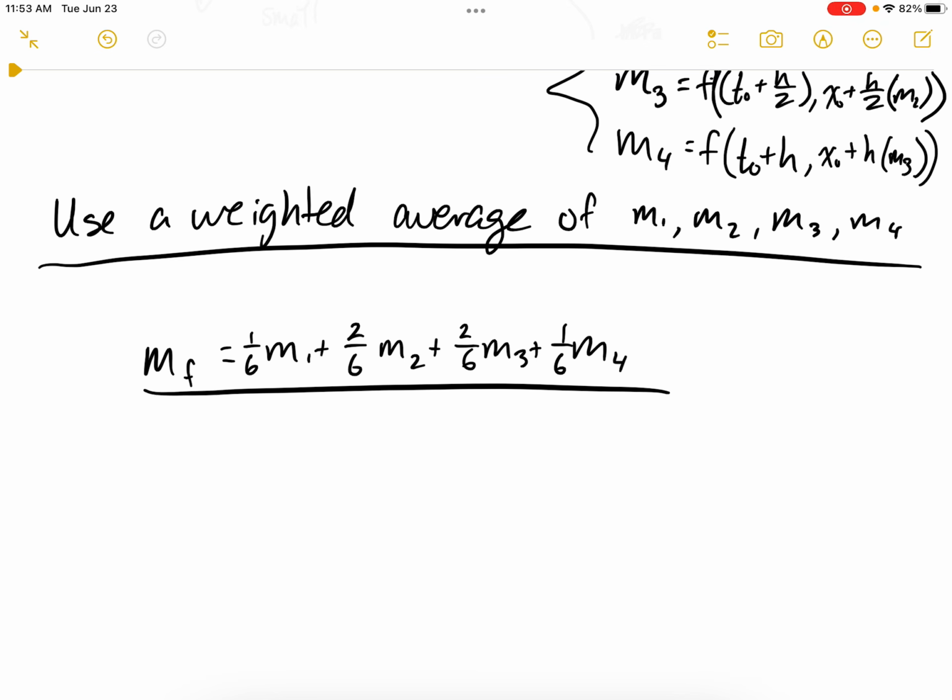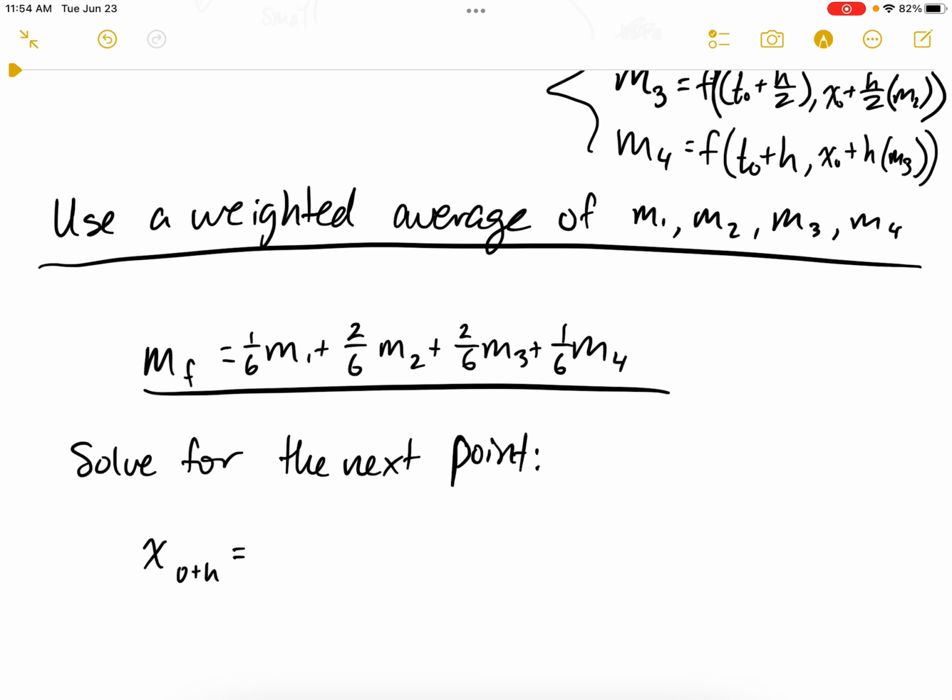Now we solve for the next point by saying x at t naught plus h is equal to x naught plus h times m final, with the m final being the above, and then you plug in everything from there.